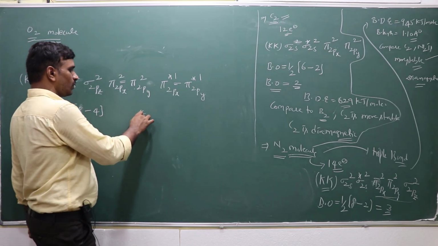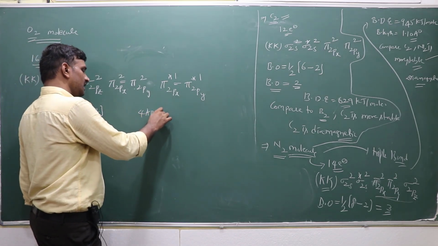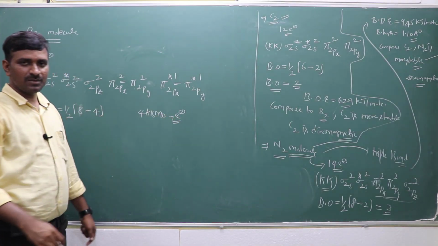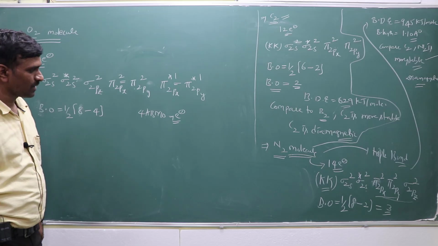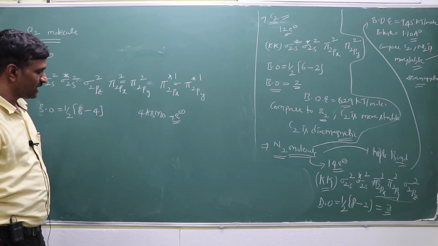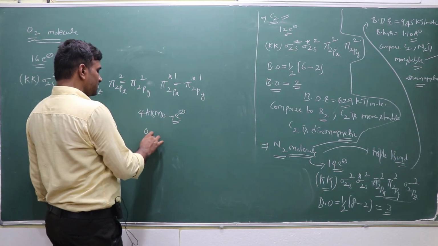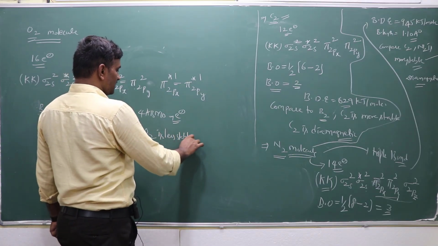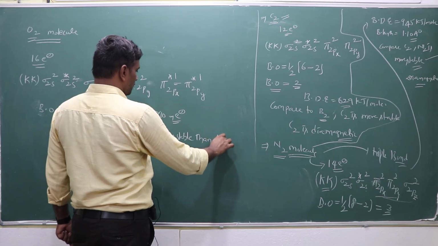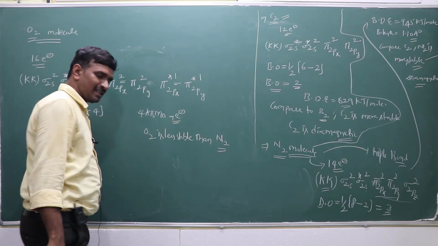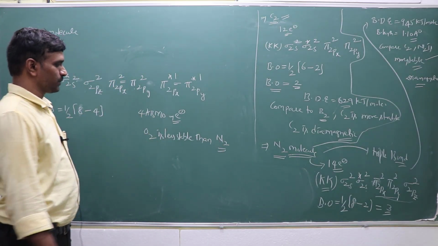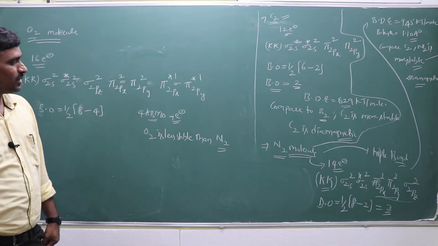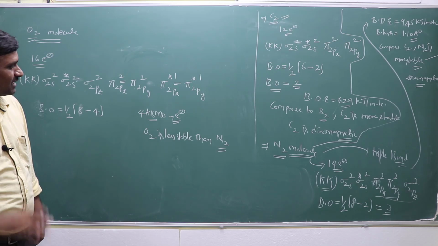So due to those 4 anti-bonding molecular orbital electrons, this O2 is less stable than N2. Which one? Because 4 anti-bonding molecular orbital electrons are there.